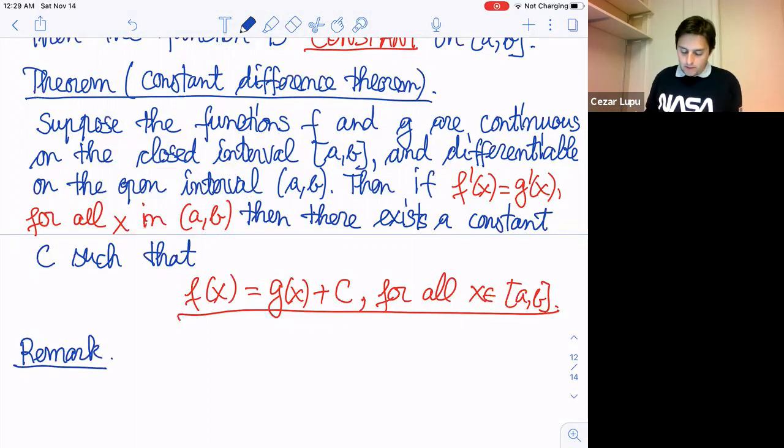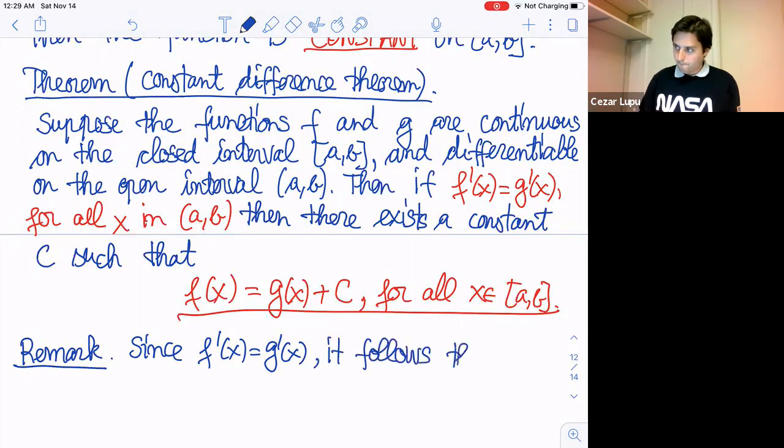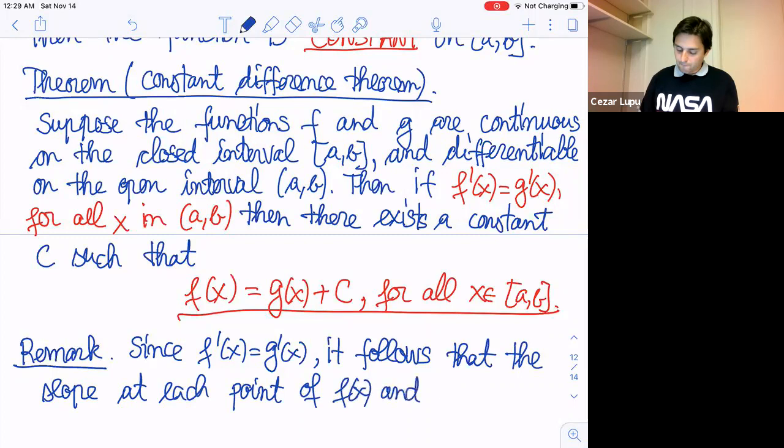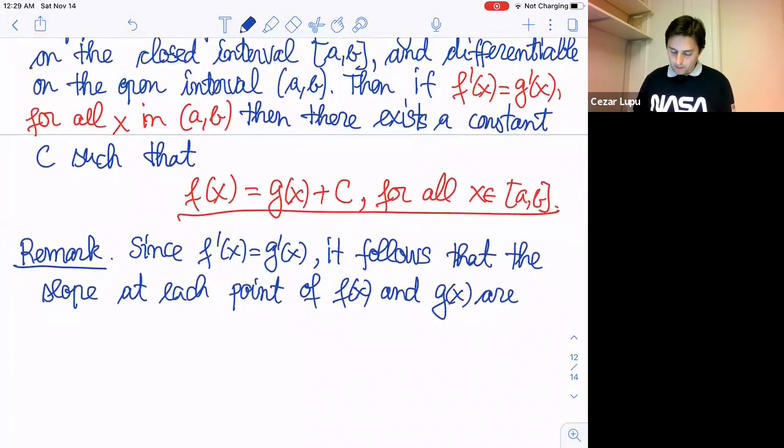Since f prime of x is equal to g prime of x, since the derivatives of these two functions are equal, it follows that the slope at each point of f of x and g of x are equal. Slopes are equal.